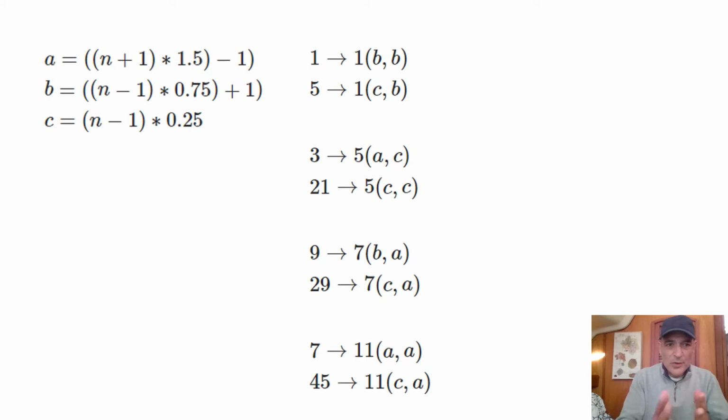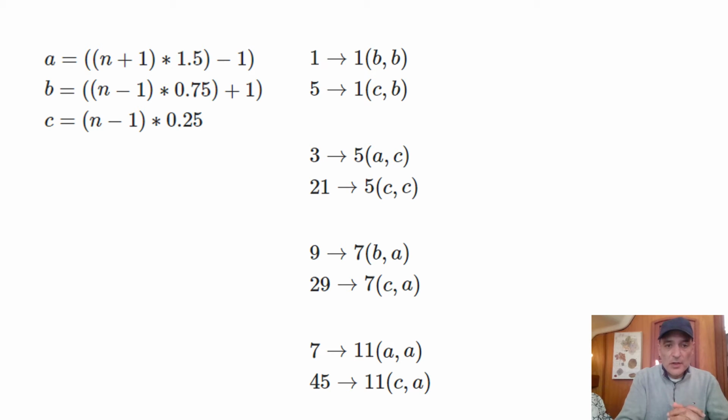I'll try to show you as quickly as possible how merges occur and how the operations produce these merges. So A, B, and C obviously are operations that correspond with the congruences A, B, and C. And let's just look at 9 to 7 and 29 to 7.